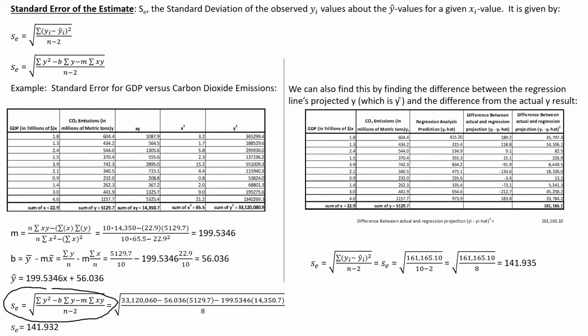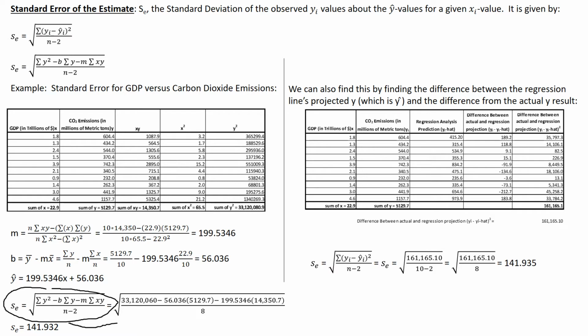There were 10 countries, so we subtract 2 for the degrees of freedom, so it'd be 8. That ends up being 141.392.